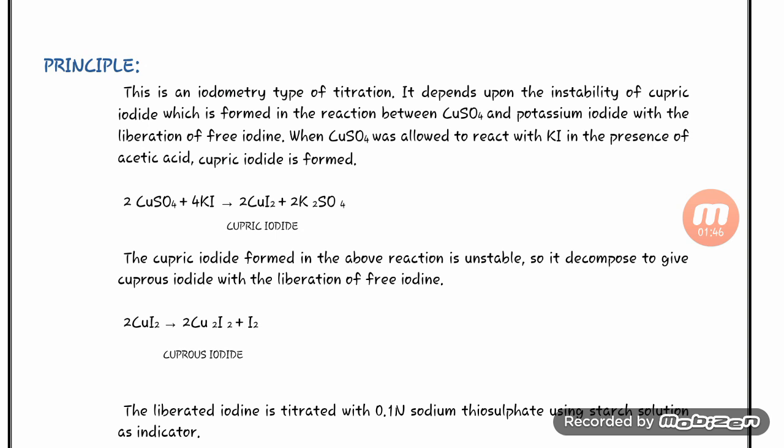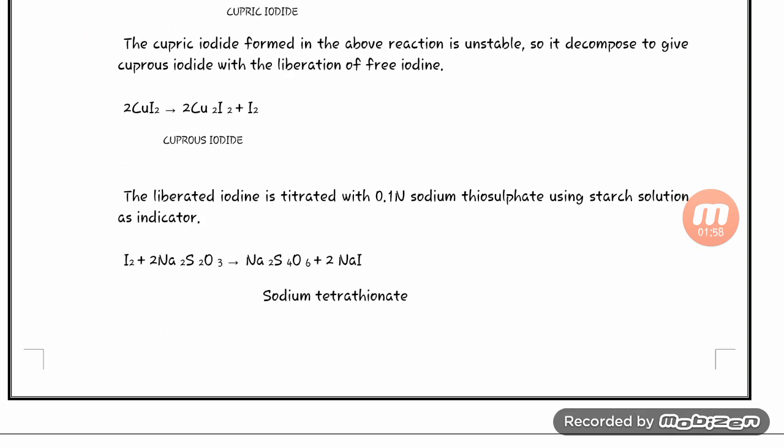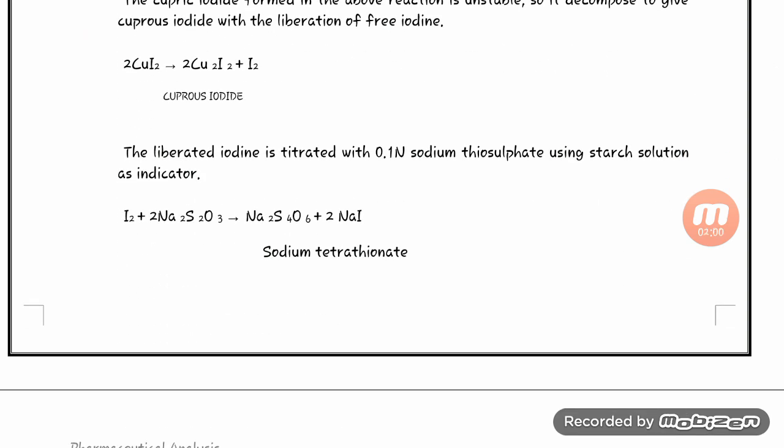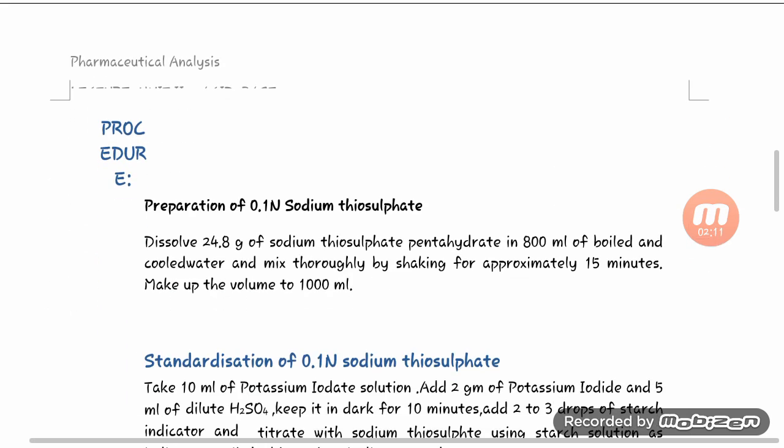The cupric iodide formed in the above reaction is unstable, so it decomposes to give cuprous iodide with the liberation of free iodine. The liberated iodine is titrated with 0.1 N sodium thiosulfate using starch solution as indicator. You can see here the reaction.